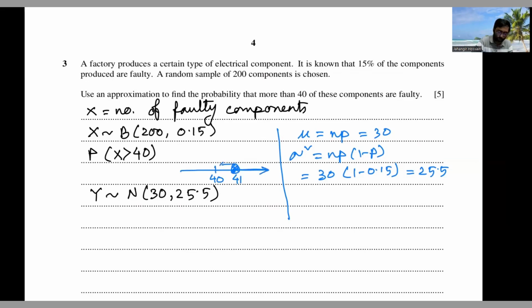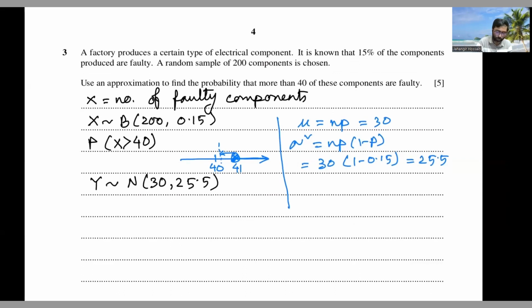So doing the continuity correction, we extend the closed end by 0.5. So it will be y greater than 40.5, because in the case of a continuous variable, the equal to sign does not matter. Now we have y greater than or equal to 40.5.